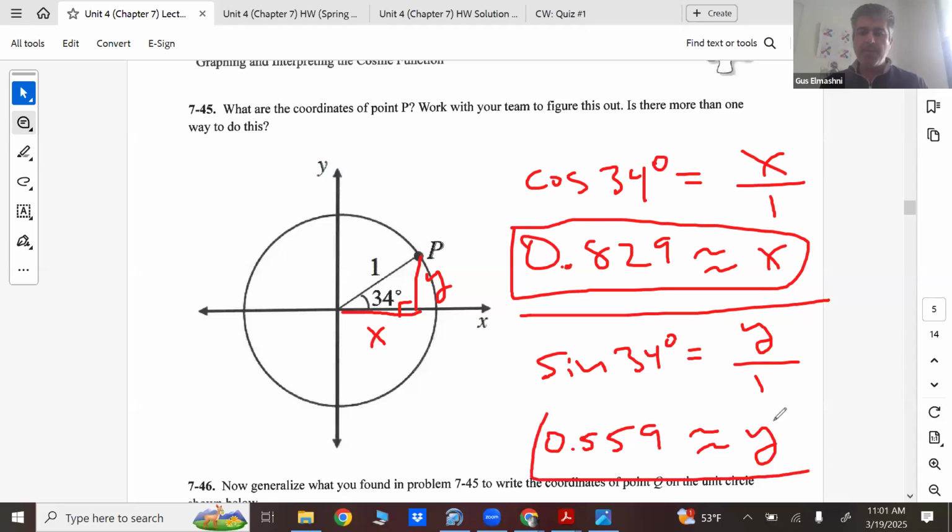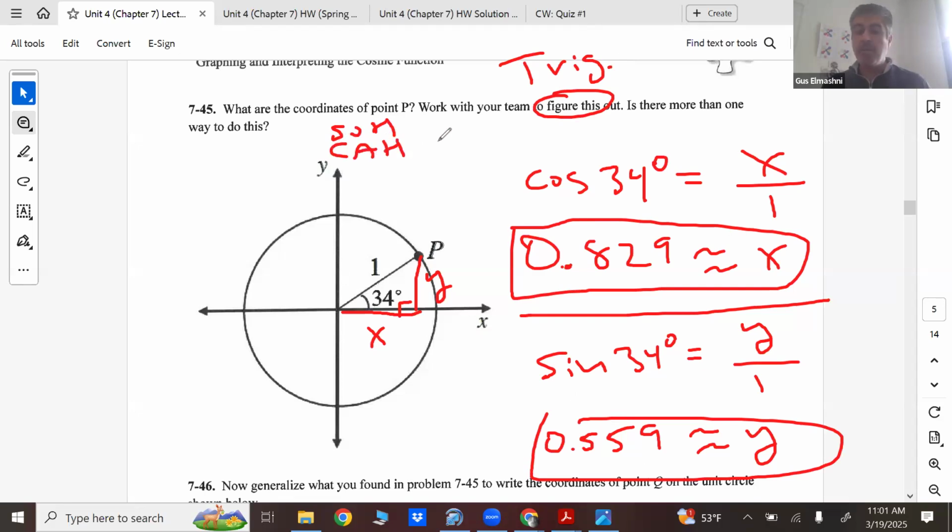One important observation I'll make later, for 7.4.6. For now, we're just using trig, SOHCAHTOA, to figure out the coordinates.